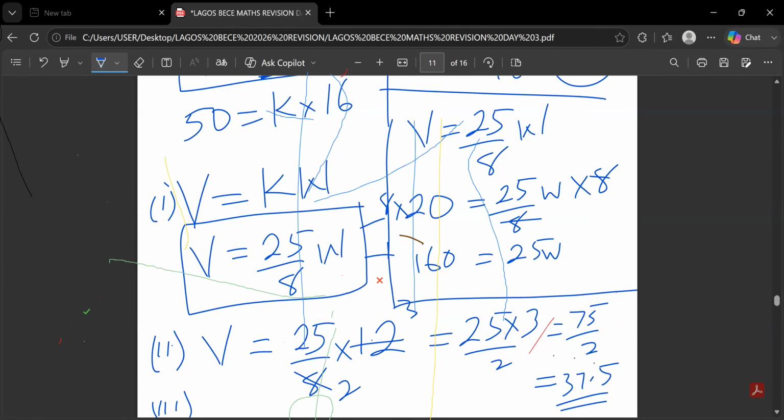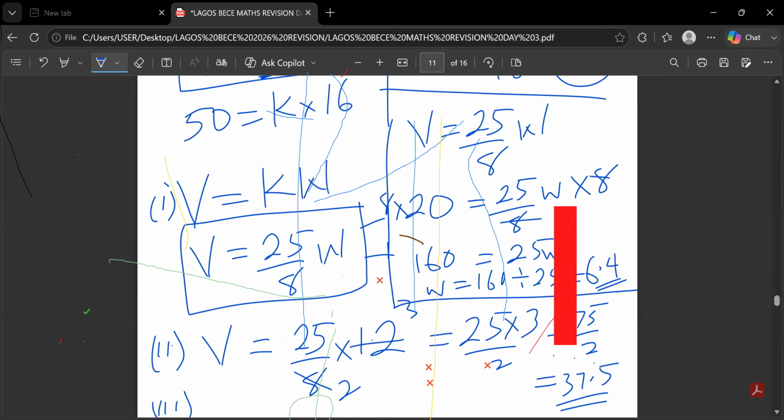Then W is going to be 160 divided by 25. Let's use a calculator to make it faster. 160 divided by 25 gives 6.4. That is 6.4. I hope this is clear.